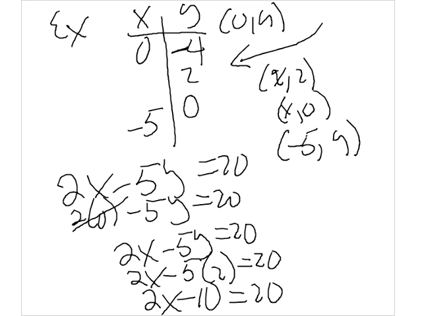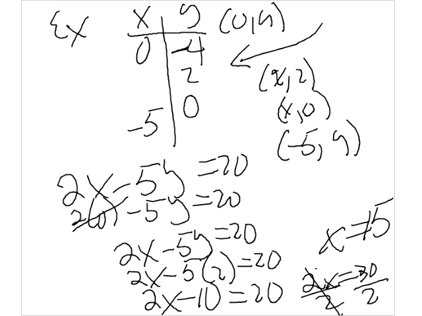When we add 10 to both sides, that would give us 2x equals 30. And then when we divide both sides by 2, that would give us x equals 15.